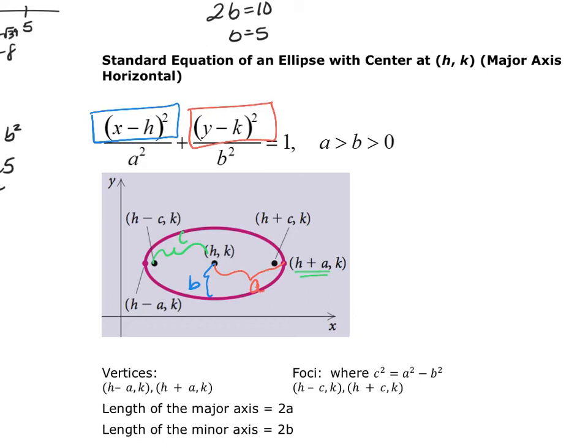My minors, right here, are going to be H, comma, and then K minus B, and H, comma, K plus B. Because I'm adding those values to the K part, because my minors are running parallel to the y-axis. My foci, because they're running parallel to or on the x-axis, are going to be H plus C and H minus C.